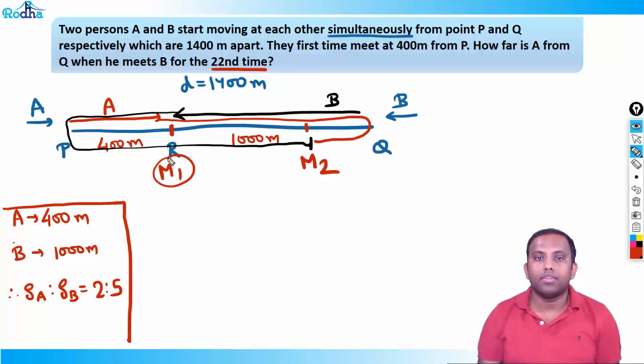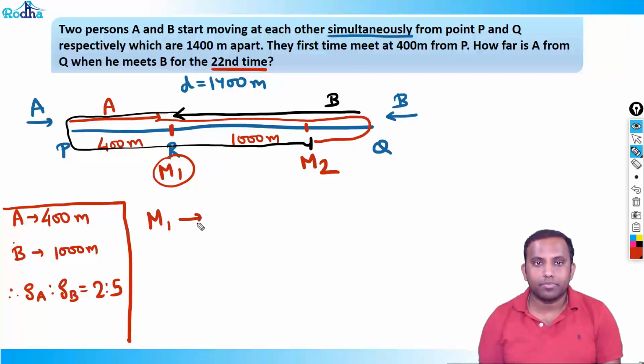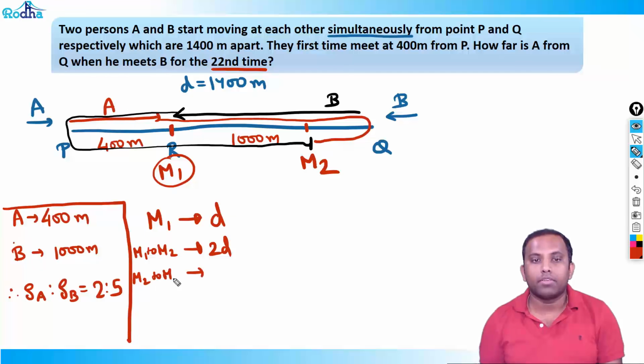So for the first meeting point, combined distance traveled is D, and from then on for every meeting, the combined distance traveled is 2D. From M1 to M2, or from M2 to M3, every time combined distance traveled is 2D.